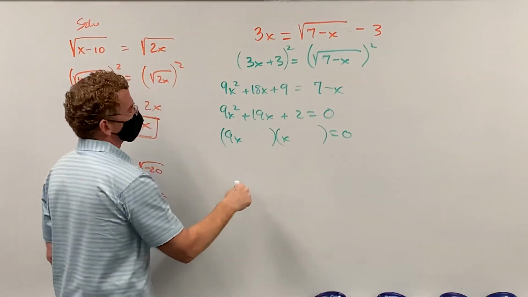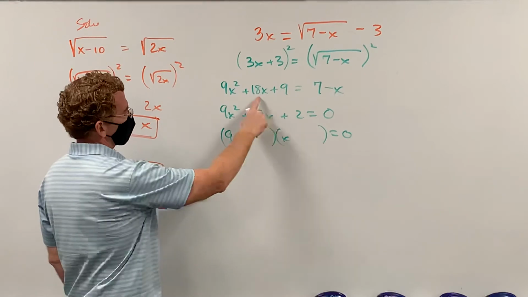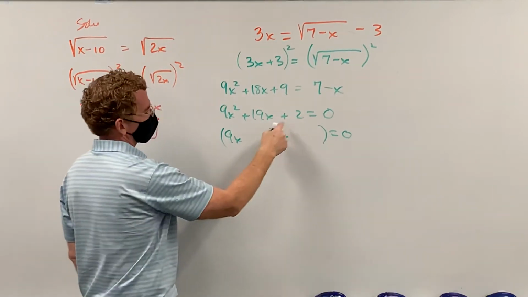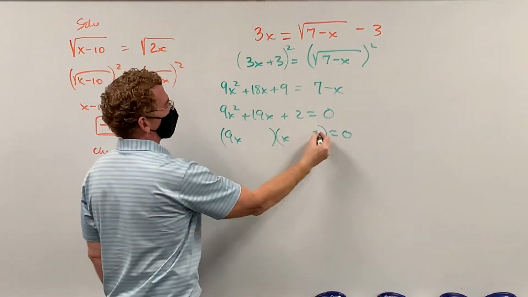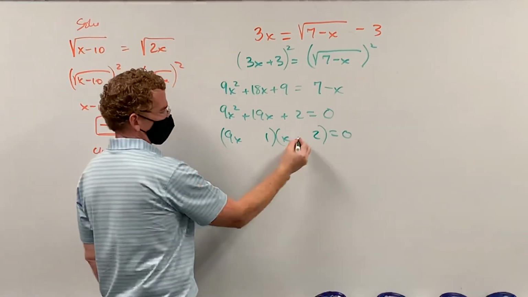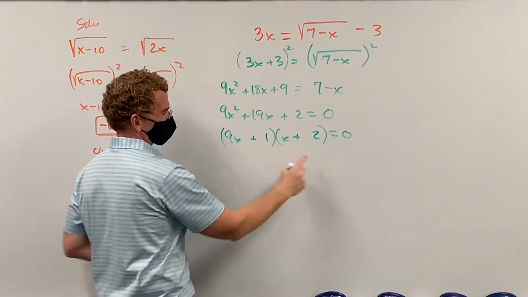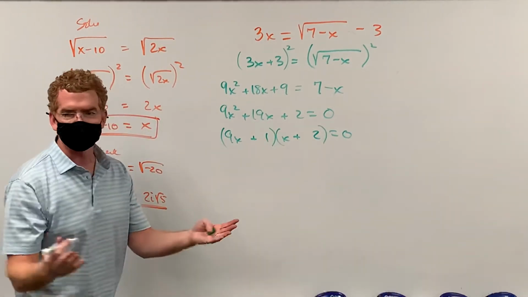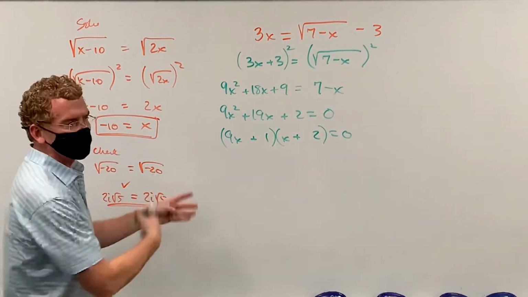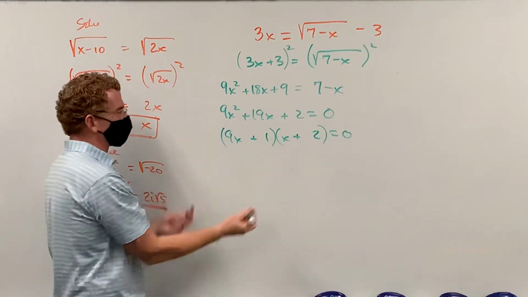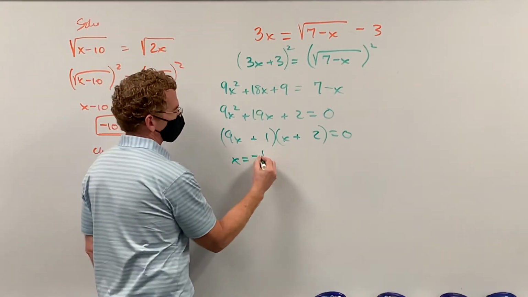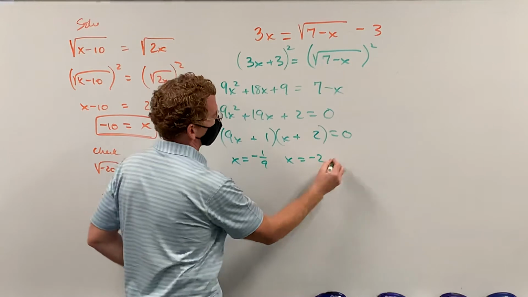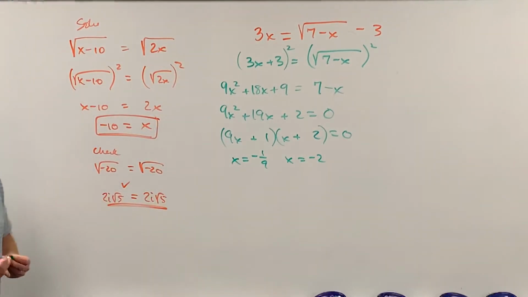Yeah, you're right. My bad. What did I just do there? Add x. Okay, I don't know why I did that. And then right here, yeah, 2 and 1. And then 18 plus 1x. 18x plus 1x is 19x. So that's a little guess, check, and revise. But if you weren't guess, check, and revise, you'd do the magic number. You'd have to go through a little bit longer process. And I get x equals negative 1/9 and x equals negative 2. Should I bother checking?